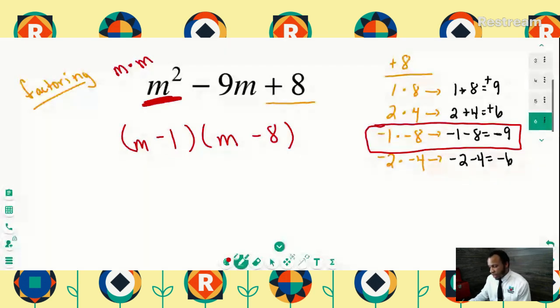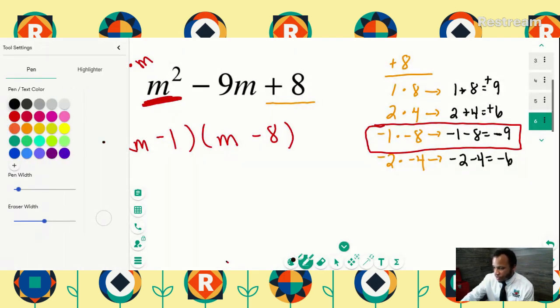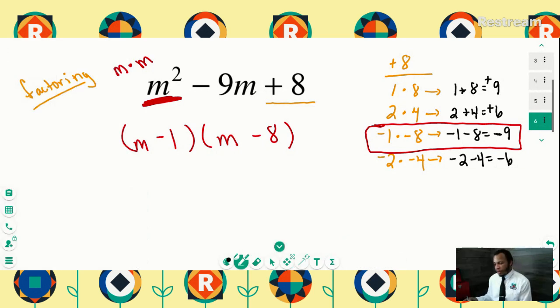Now we're looking at this, and you may say, well, I don't know if I'm right. How can I check this answer? Well, I'll show you. What we can do is take our answer and work backwards, just like we're multiplying polynomials. So we'll be using the FOIL or the distributive method, and we'll multiply m times m.